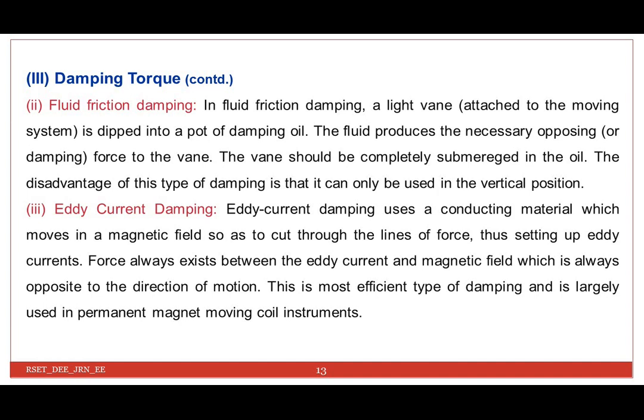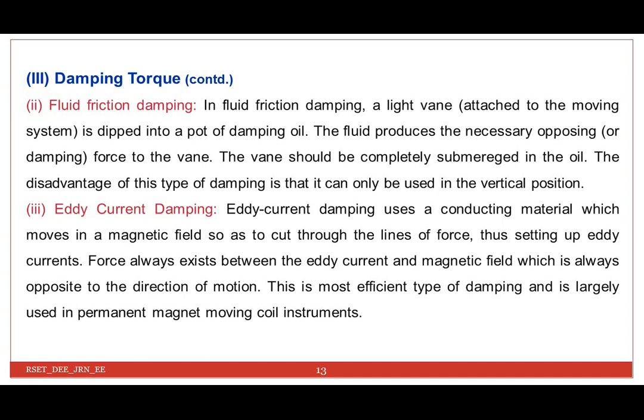Now, eddy current damping, which you will be finding in PMMC. Eddy current damping uses a conducting material which moves in a magnetic field so as to cut through the lines of force, thus setting up circulating currents called eddy currents. Force always exists between the eddy current and the magnetic field, which is always opposite to the direction of motion.